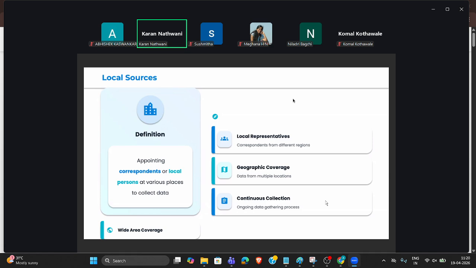You can put them into certain places, and they will behave as a representative and try to cover their geographical regions, the way we do a census. Then they try to get the data, and in fact they collect the data in real time.